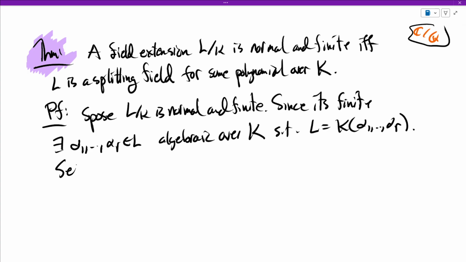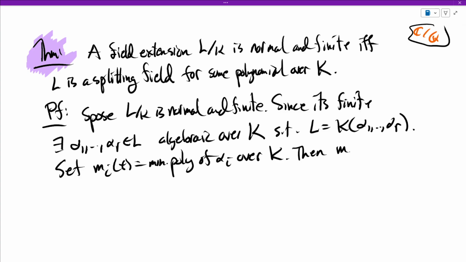Let's set m_i to be the minimal polynomial of alpha_i over K. Then m_i of t has a zero in L because alpha_i is a zero.